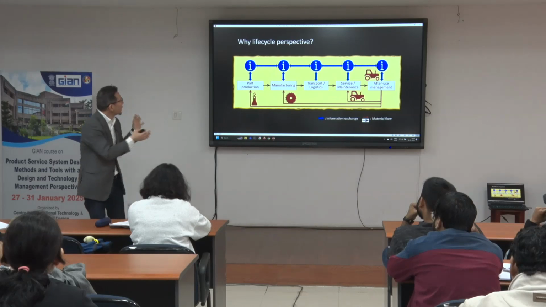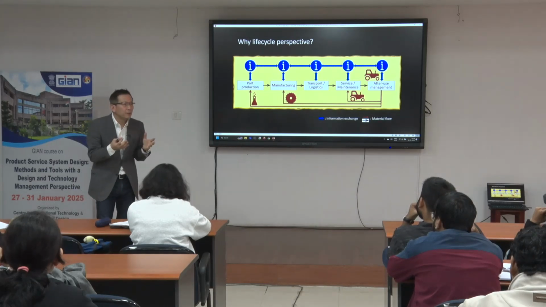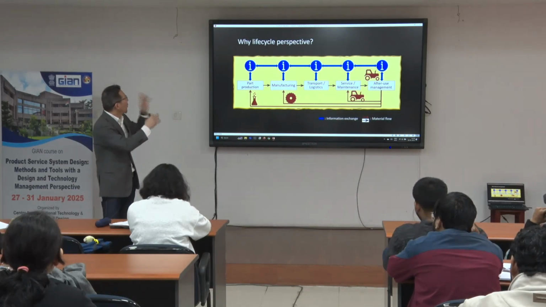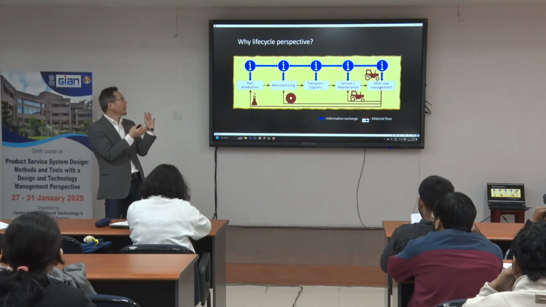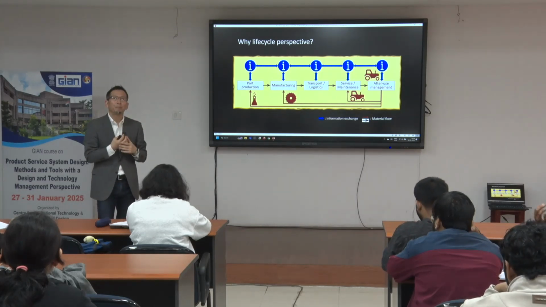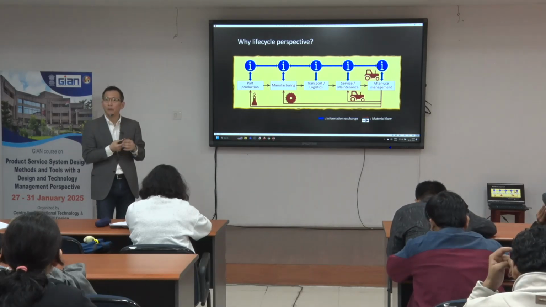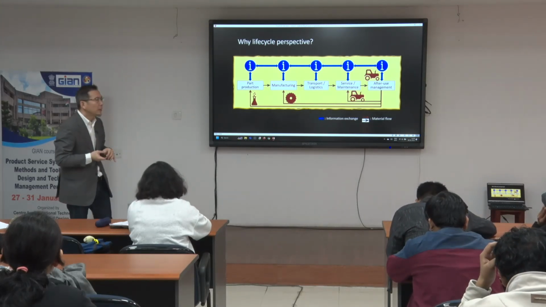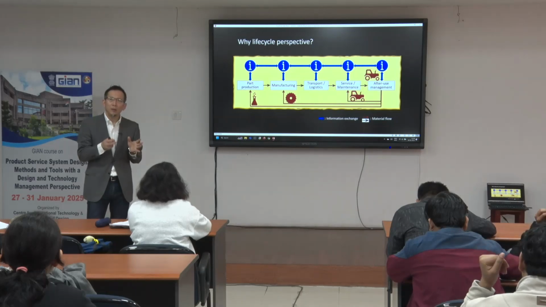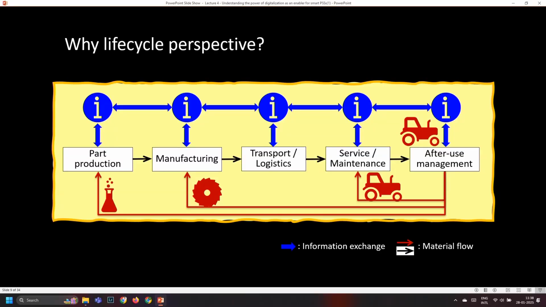So these types of activities can be done only by this broad perspective and also analysis of data and information coming from different phases. So this is very relevant in the context of PSS design when it comes to digitalization. It's not really about the technological aspects and physical feasibility, but about seeing this opportunity with a broad perspective.